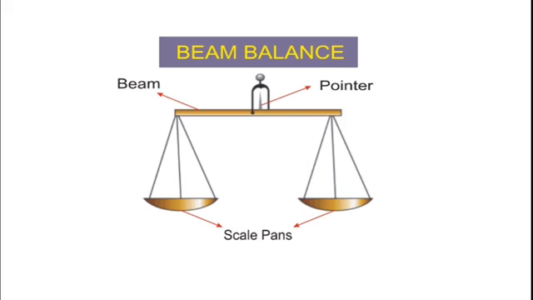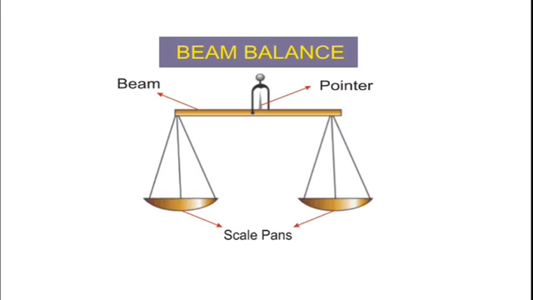In a beam balance, we measure the mass of an object by comparing it with some standard mass. Here you can see that there are two identical pans which are suspended with the help of a beam. And there is a pointer. Now what happens? Whatever mass we have to measure, we just put it on the right pan, while on the left pan we put the standard mass.